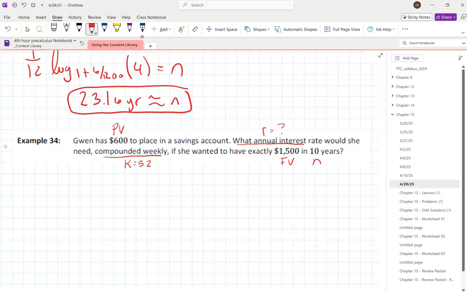So again, compounded, so I know that we're going to be doing the compound interest formula. So fill in everything that we are given.